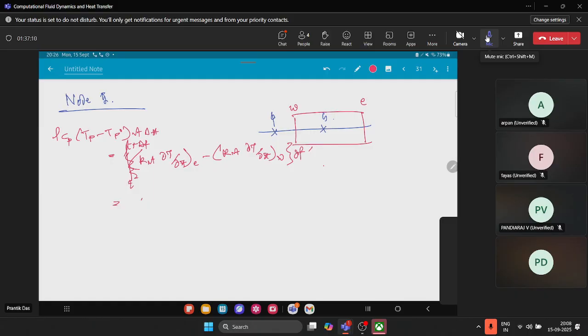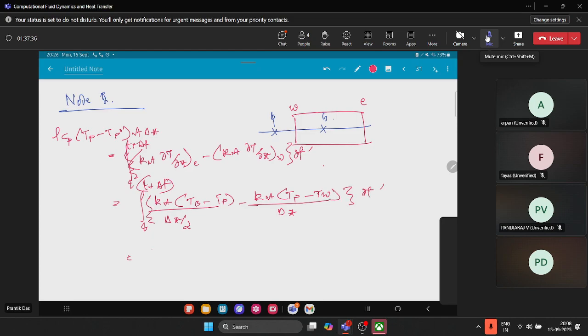Then how to reduce it further? Basically k using the forward difference scheme, delta x divided by 2, and this dt minus k delta x (Tp minus Tw) multiplied by dt.